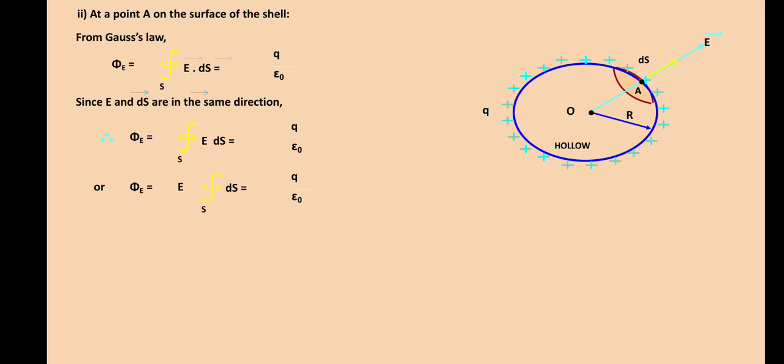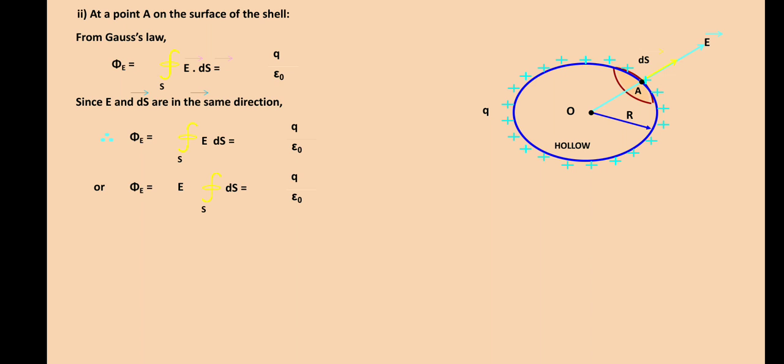Then we have to find the integration of this E dS. As we did in the previous case, the electric field comes out, then integration over dS we need to calculate. What is dS? It is a small area. When you integrate the small area, you will get the total area. So here we need the total area of the hollow sphere, because the point lies on the surface.